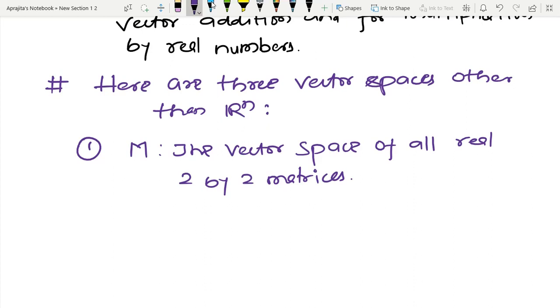So first example, now I have no column vector. I have some kind of vector which contain 2 by 2 matrices.